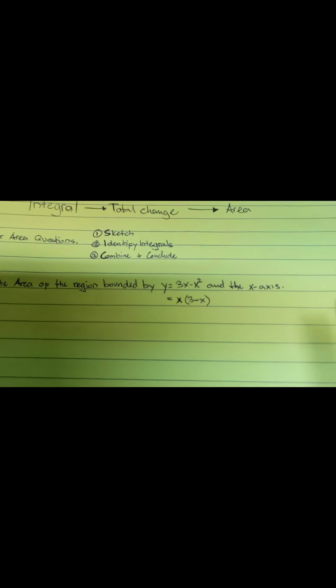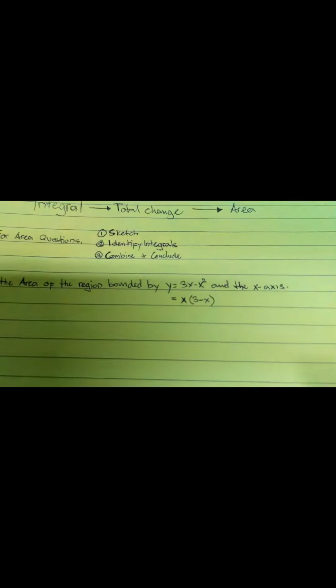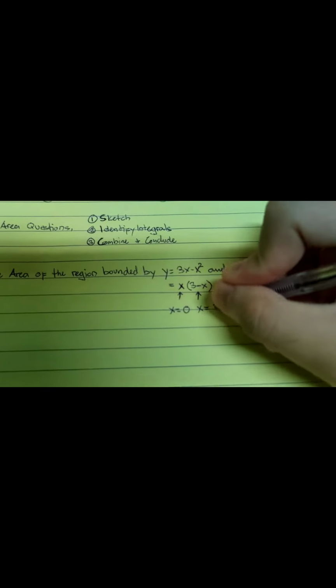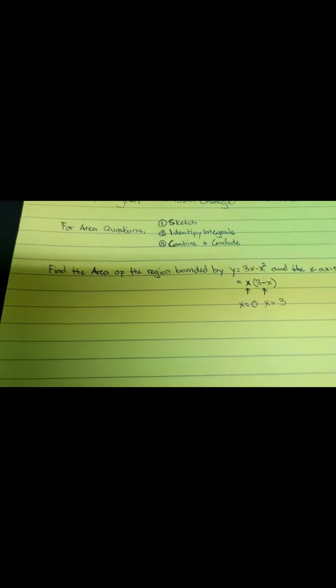It's the intercepts. Because of this factor, we can find our x-intercepts: x equals 0, and from the other factor, x equals 3. Now let's follow the area question. Let's sketch now that we have our intercepts. When you sketch, it's important that it's understandable, not a very beautiful sketch, but just a normal sketch.